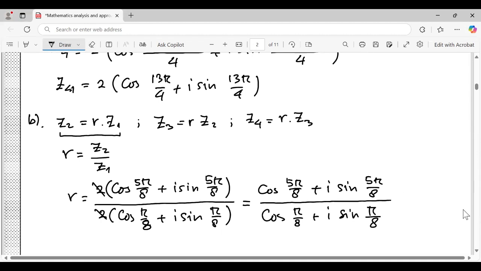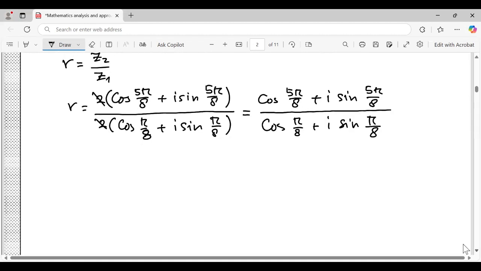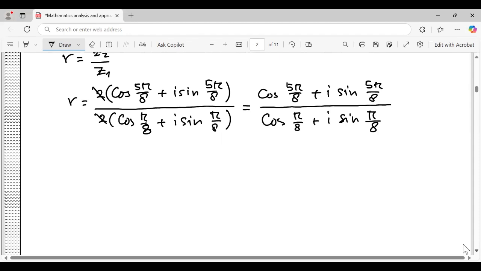Now we recognize that both the numerator and denominator are in polar form. So we can simplify the ratio using the formula for dividing complex numbers in polar form.